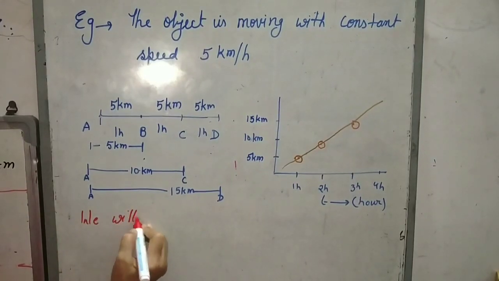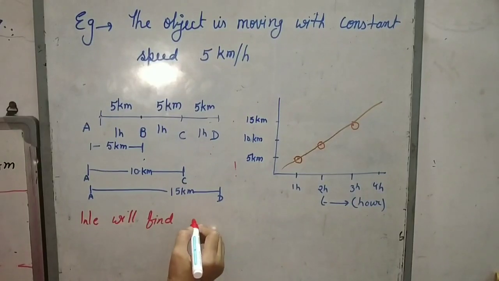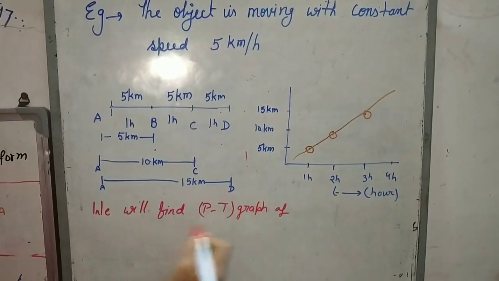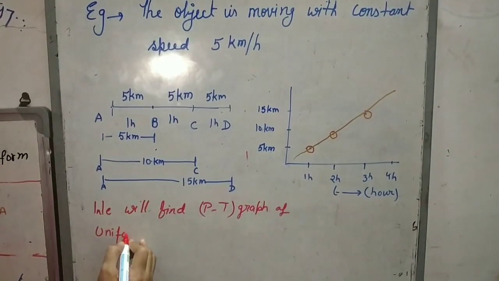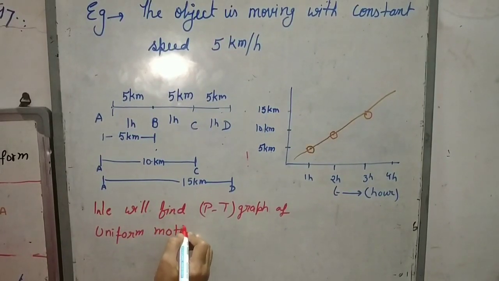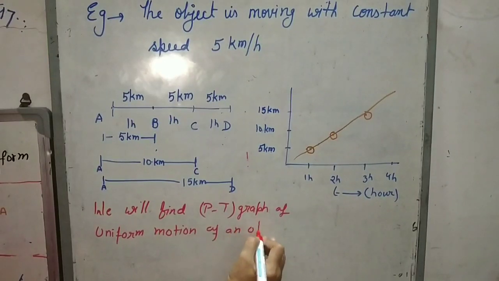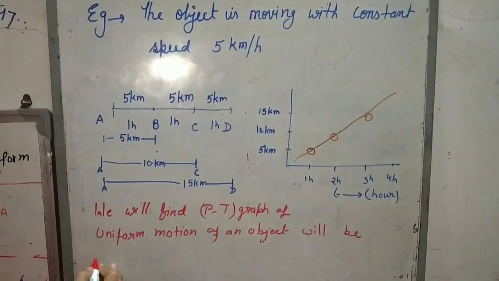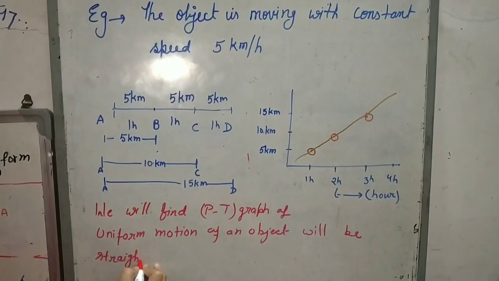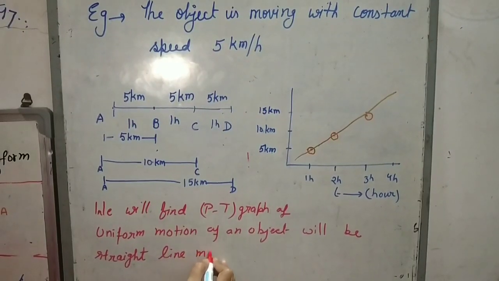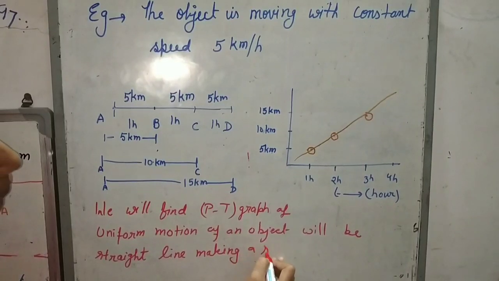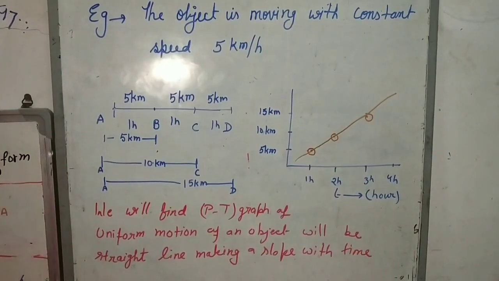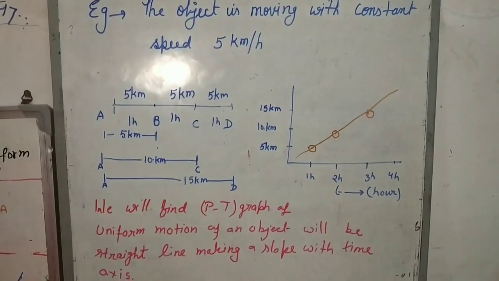So student, what can we write? We will find the position time graph of uniform motion of an object will always be a straight line making a slope with the time axis.